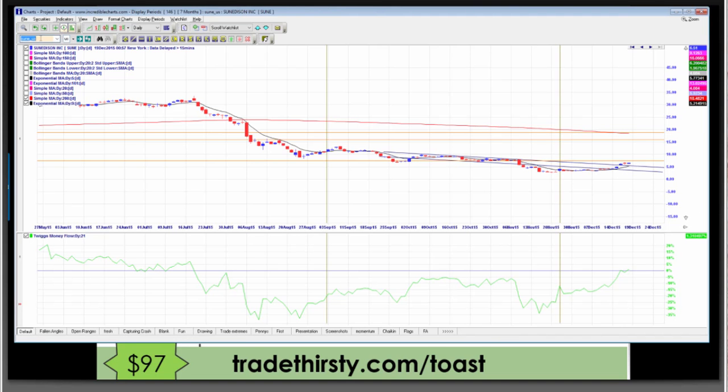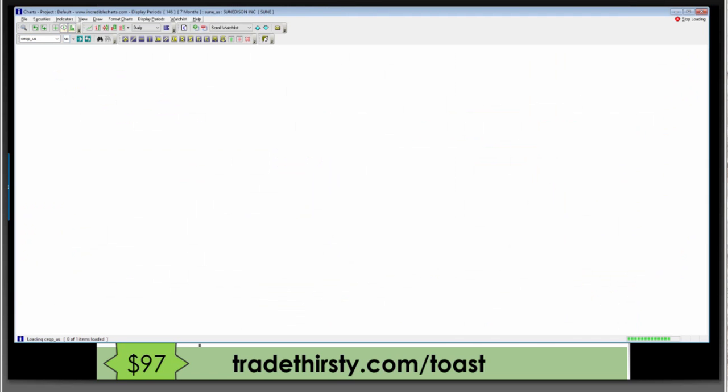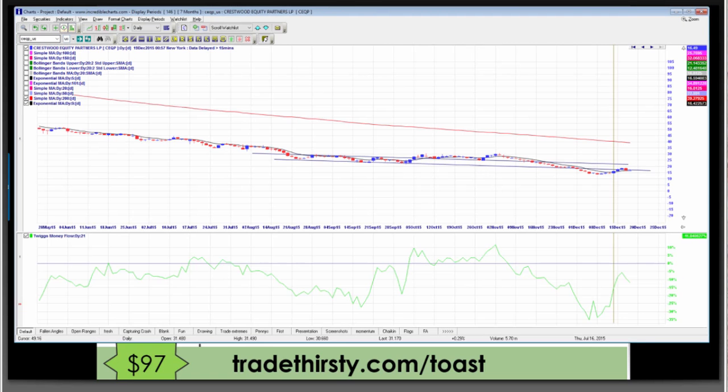That is a stock going counter trend, one of the ones we sent out as an alert. CEQP was one I sold on Friday after buying it a couple of days ago, as per our alert. Up from $15 to a high of $17.30, I believe I sold it at. Again, going against the trend.